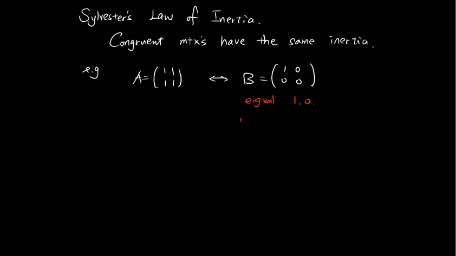So the inertia is 1 positive, no negative, and 1 zero. Using this, we know that the inertia of A is the same as the inertia of B, which is equal to (1, 0, 1). If you really calculate the eigenvalues, then you will get the same result.